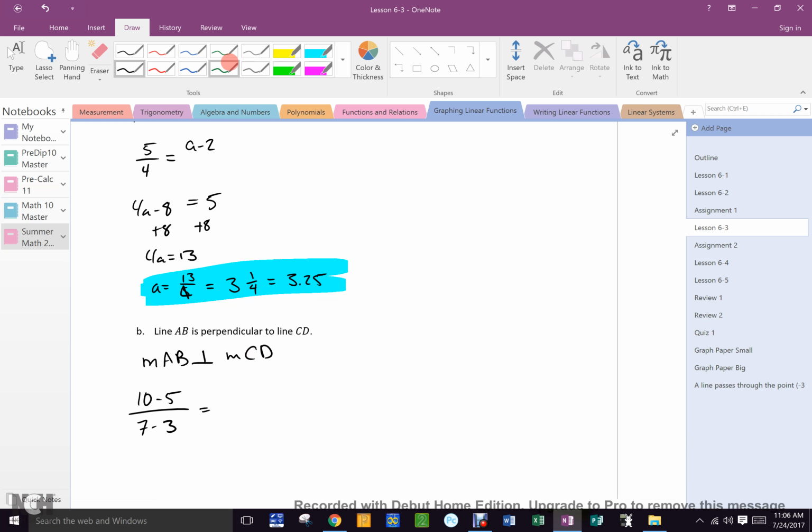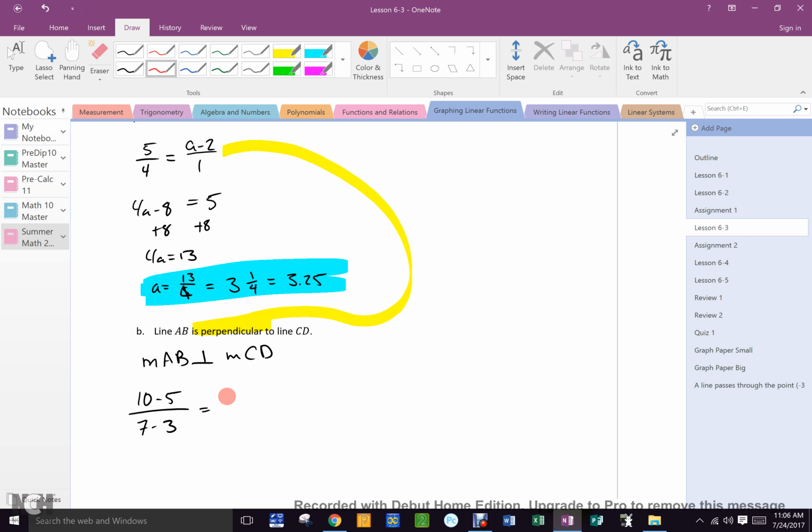It was a minus 2 over 1, yes? But if it's perpendicular, then what happens to it? It becomes 1 over a minus 2, but what have I forgotten? The negative sign. Where is the easiest place to put that negative sign?